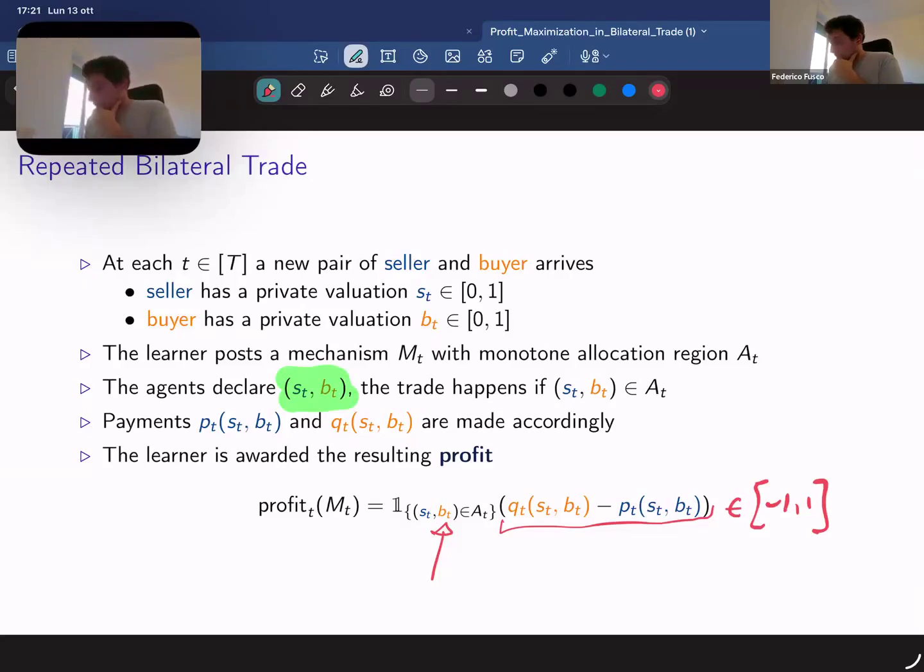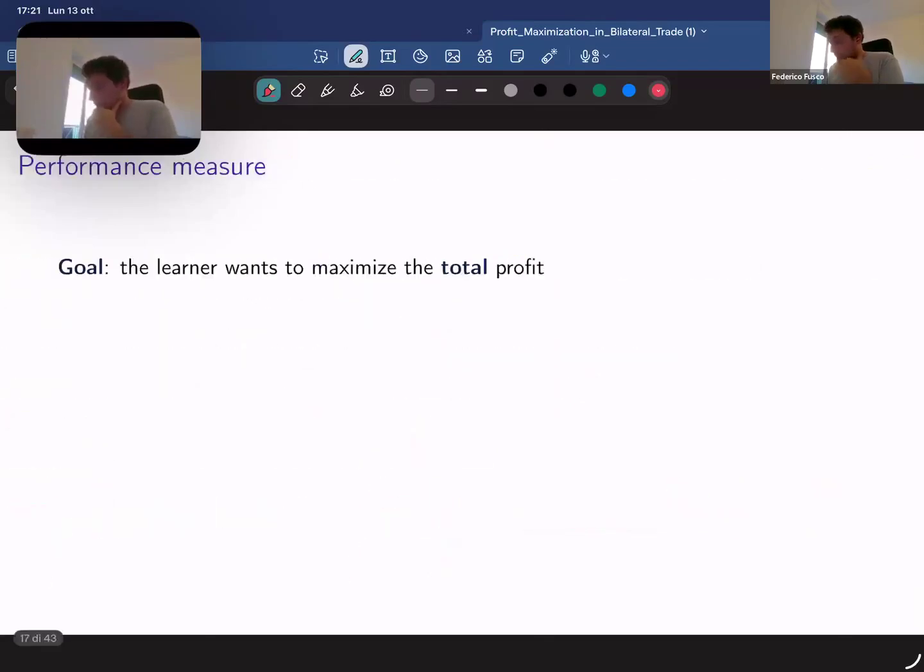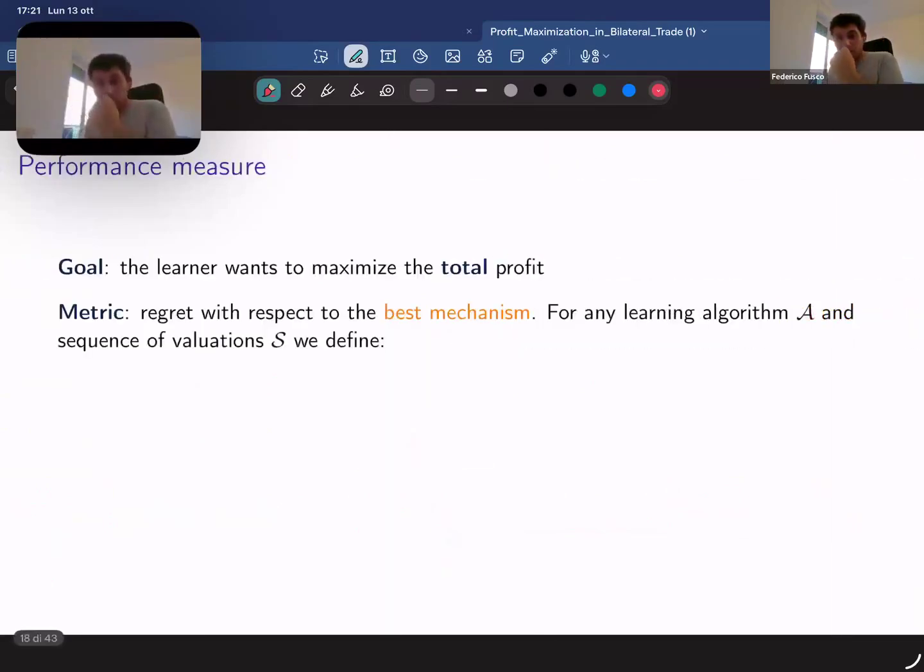Perfect. Our goal is to maximize the total profit. And in online learning, this is typically done by measuring the regret with respect to a benchmark. And the natural benchmark is the best fixed mechanism.